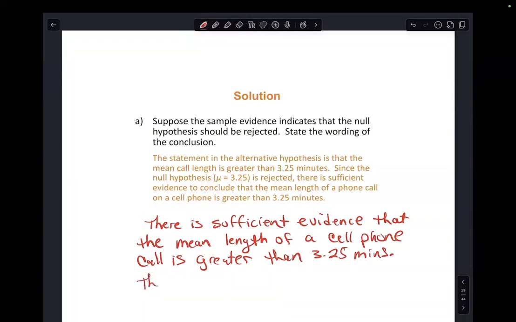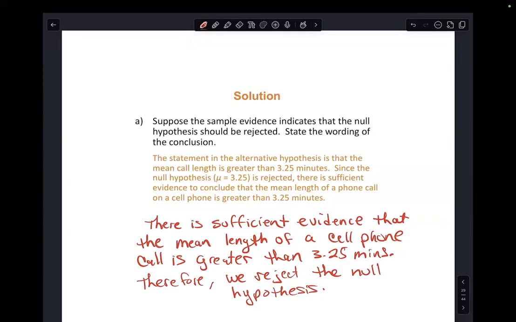Therefore, we reject the null hypothesis. Bam. I mean, it's bigger than theirs, but it is fewer words.